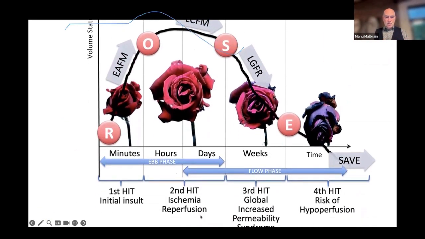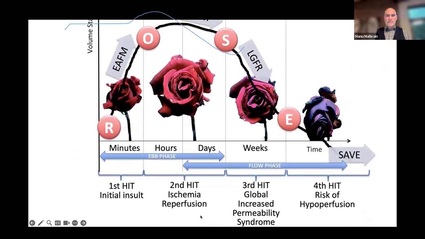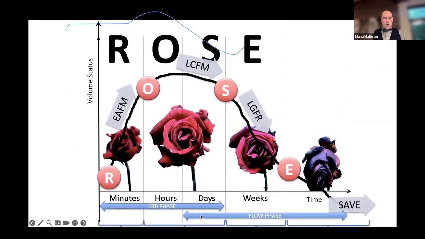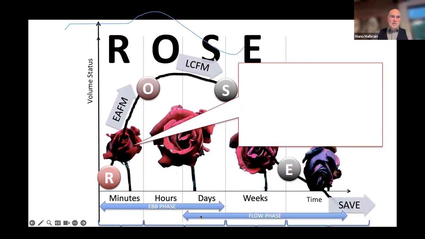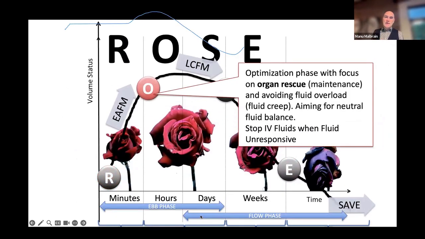Now, diving into the ROSE with the 4 hits, with a focus on the first phase. After the first hit, for resuscitation, it's saving, rescuing the patient with goal-directed fluids. Now, the optimizing phase is the focus on organ rescue.